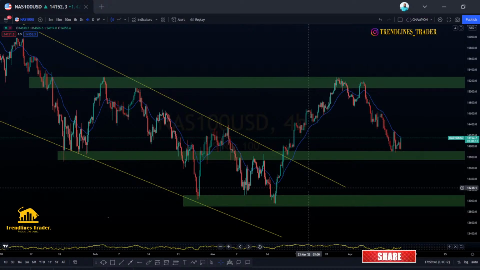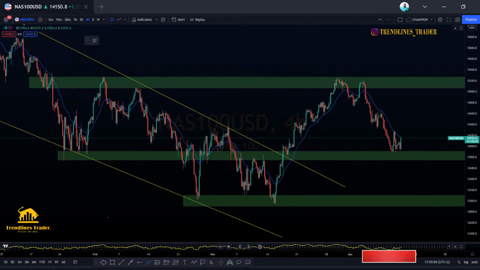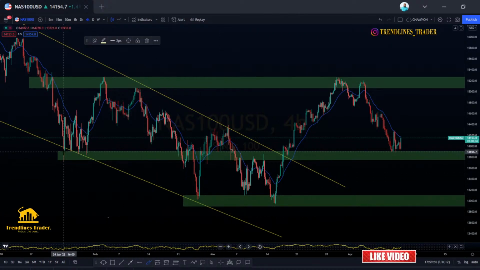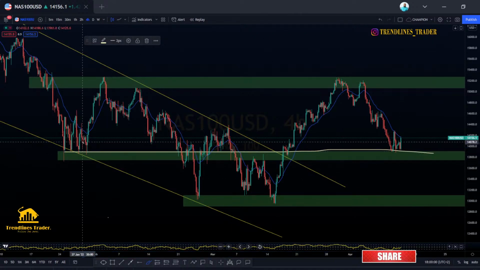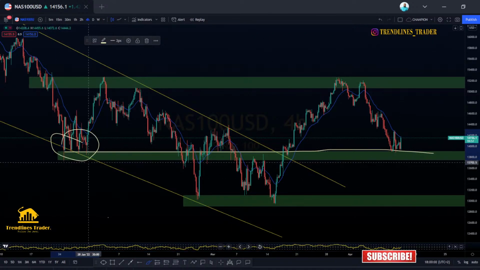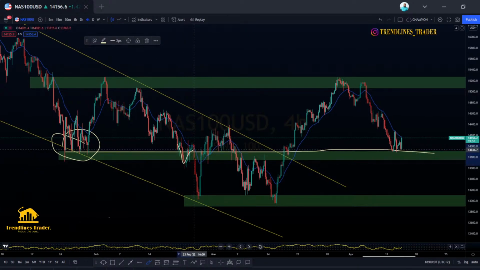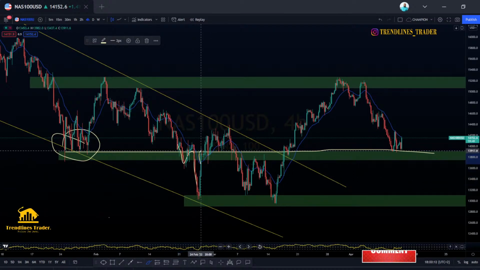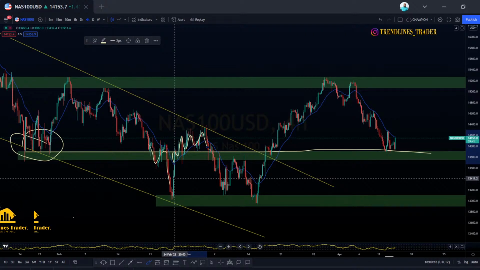Because whatever is happening in trading is not happening for the first time. If we focus around this level right here, previously we had this level as our support, and the price broke out of it, retested, broke and pushed towards the downside. As it came back, it retested and broke, making this level our support again.